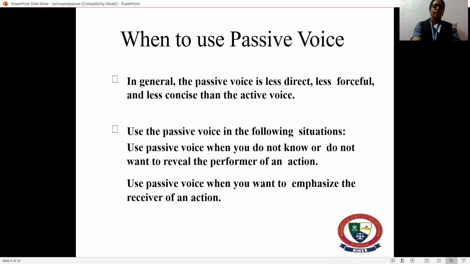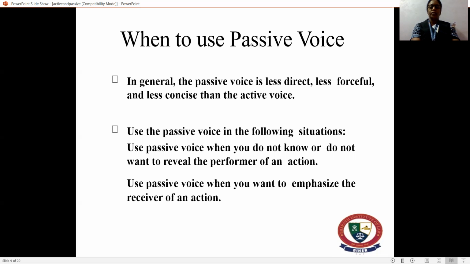Then, use passive voice sentences when you want to emphasize the receiver of an action. It is not that we don't know the performer or do not want to reveal the performer. It is also when we want to emphasize the receiver of an action, that is the object.